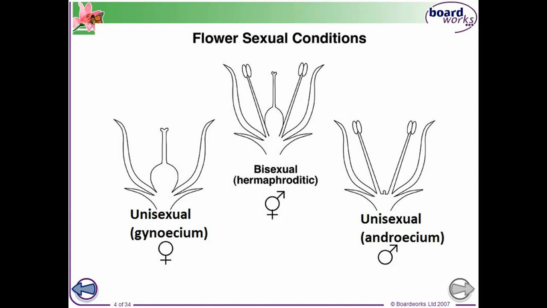We have a lot of types of flower. We have unisexual flower and bisexual flower. Unisexual flower means this flower contains male organ only or female organ only. This flower contains the carpel, as you see, so its name is gynoecium because it contains just carpels.